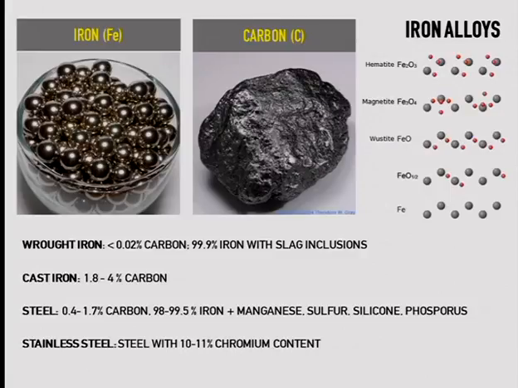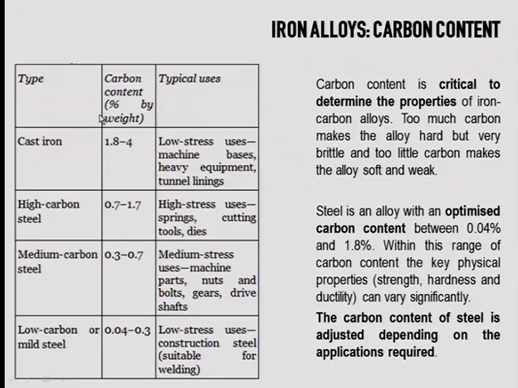Steel sits in between 0.4 to 1.7. And according to the quantity of carbon in the mix, you can get different properties. One of the most important ones is weldability, so the possibility to weld different pieces. Iron, the chemical symbol is Fe, comes from the Latin ferrum, all right?